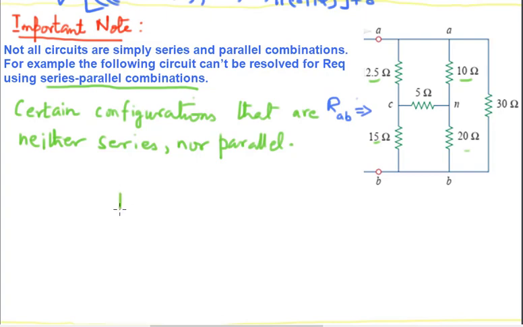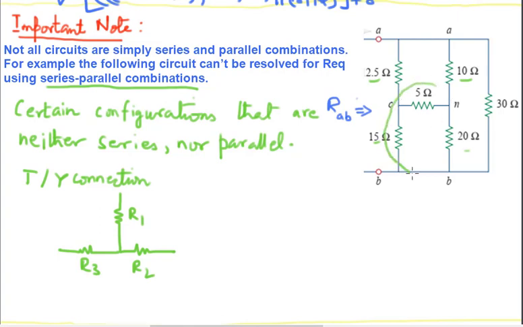So there can be a certain circuit that looks like this. Imagine that this is a circuit, this is R1, this is R2, and this is R3. This kind of a circuit is called a T or Y connection. This is neither series nor parallel. Similarly, if you have this kind of a circuit which is present over here, you can see this is not parallel.